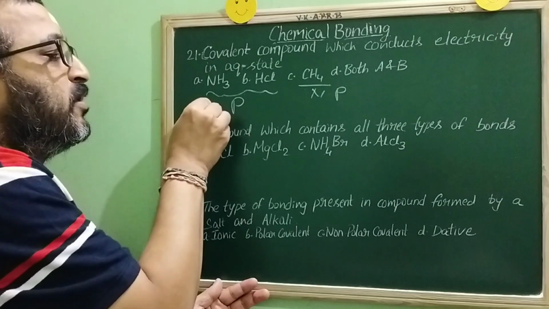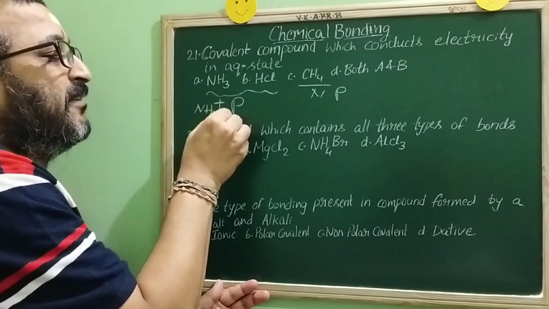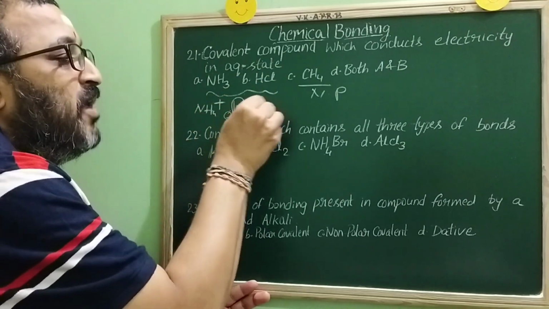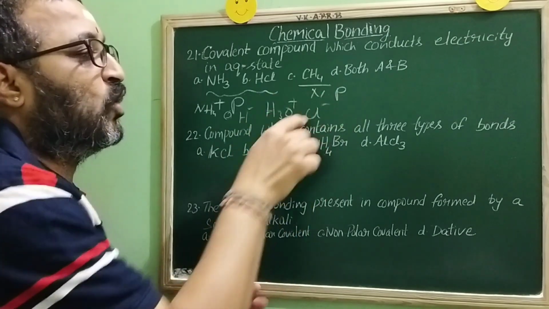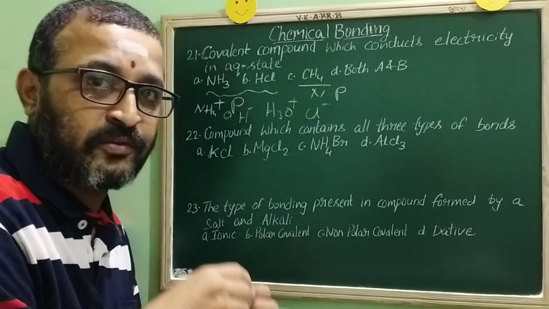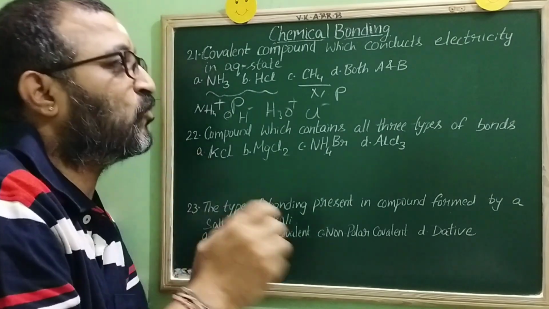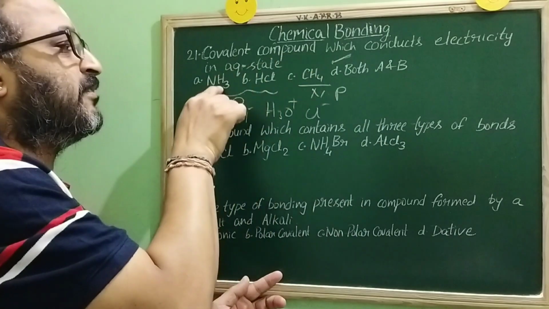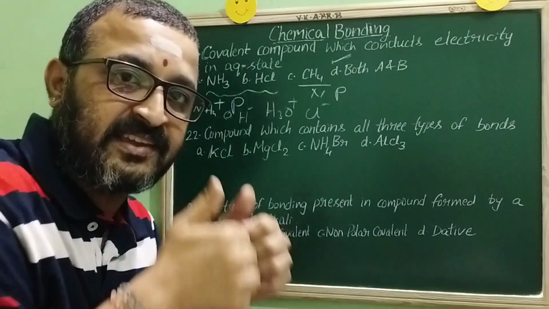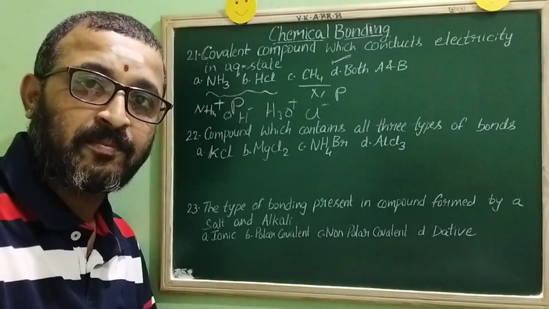That is, ammonia will produce NH4 plus and OH minus, and HCl will produce hydronium ion and chloride ion when dissolved in water. So the answer for this question is option D, both A and B, that is ammonia and HCl. Is it clear, children?